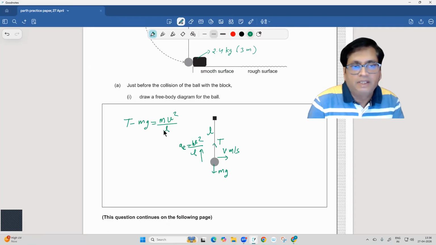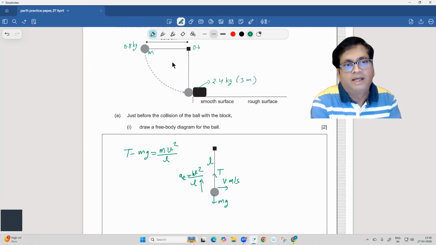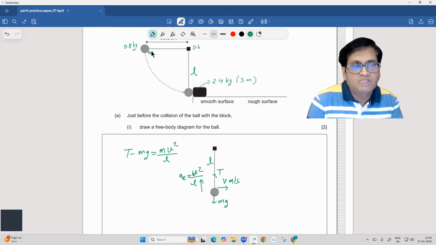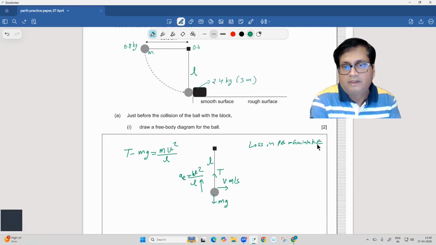And how much will be the v? What is the speed of this ball? When it comes down, if this is L, its loss in potential energy is mgL, right? So loss in potential energy is equal to gain in kinetic energy. So mgL will be equal to half mv square.